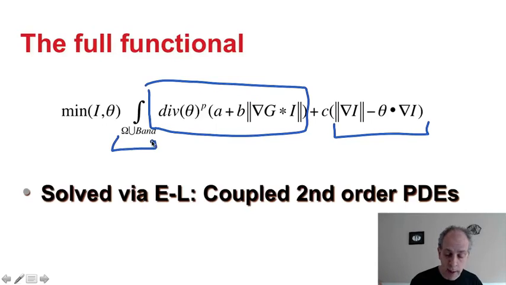Again, the integral is as before in the same region, and A, B, and C are just some parameters that control basically the weight between these terms, and we are minimizing not only over I, as we did in the previous slide, we also minimize over theta.